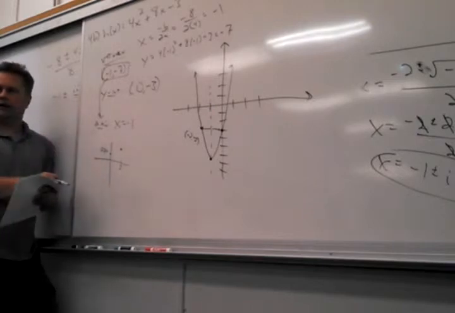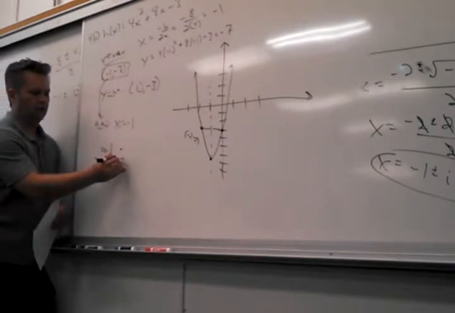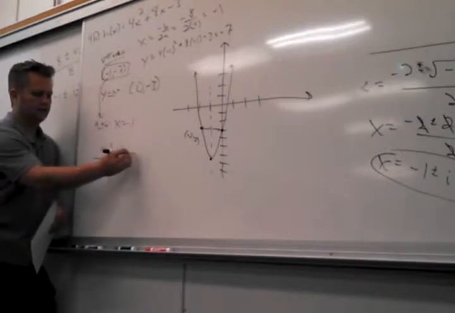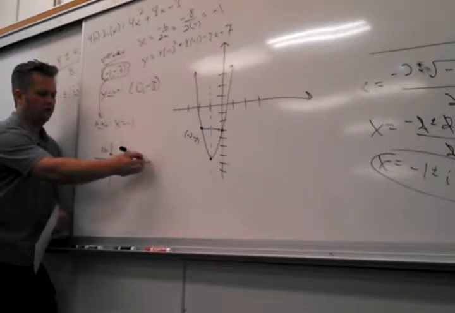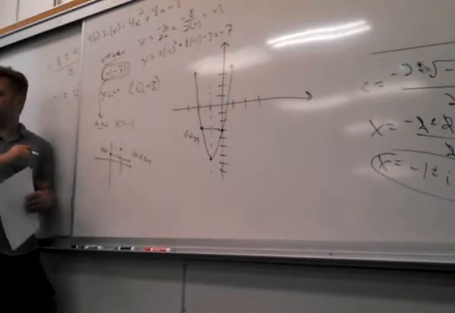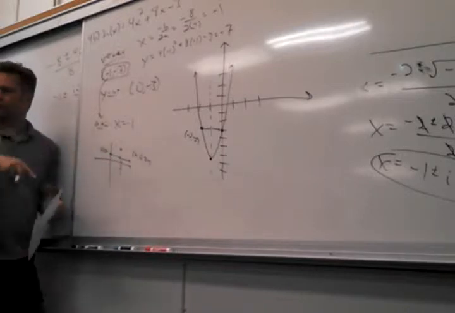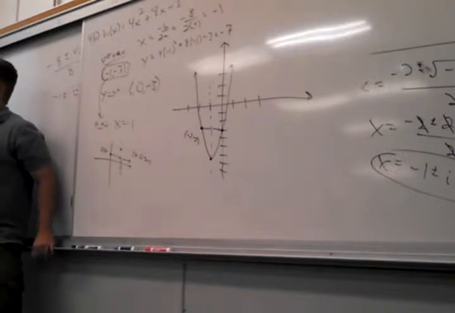That's the only way I can really make it ugly. So where's the other point going to be? This is 3 away, so the other point's got to be 3 away. So it's going to be (6, 0.714). If your axis is ugly, you'd have to just go twice as far away.